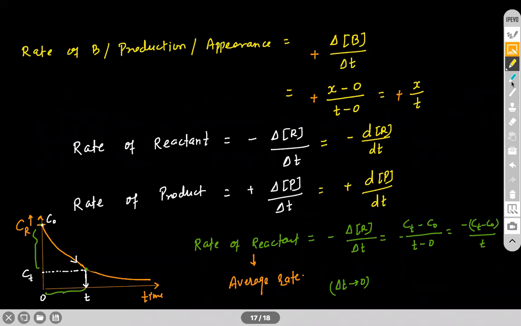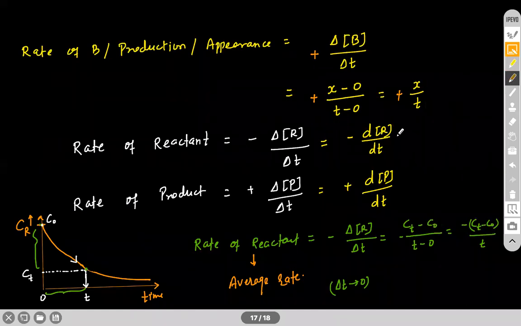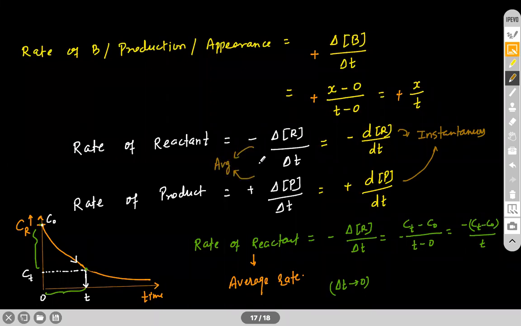That also we can write. This does not make any difference to your answer. The only difference is this expression is instantaneous, and this one is also instantaneous, but these are what? These are average. That is the only difference we have.